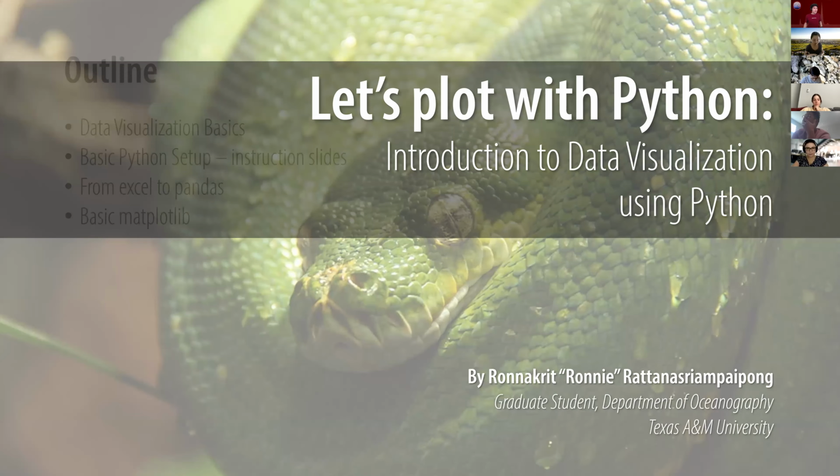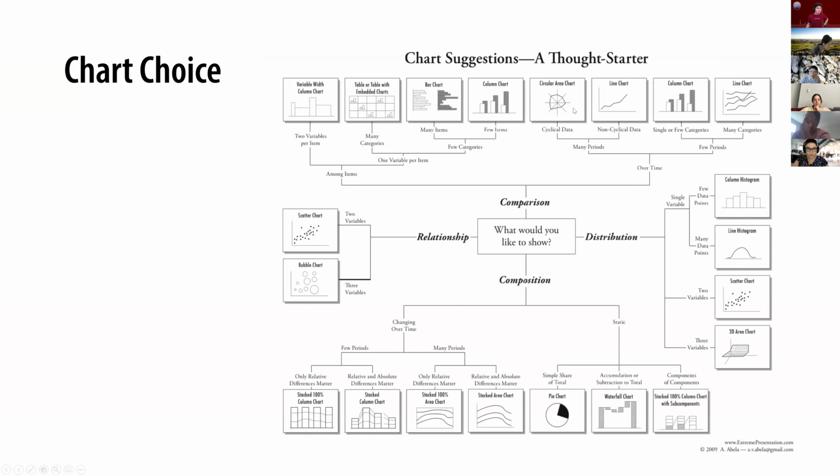So today we're going to talk about data visualization. I have grabbed some summary charts to help us decide which kind of plots we would like to use based on the data that we have.